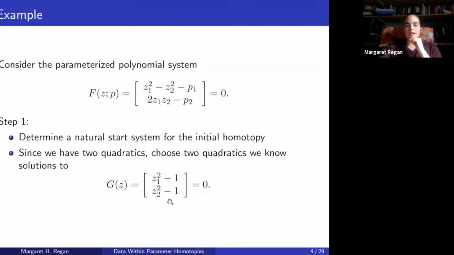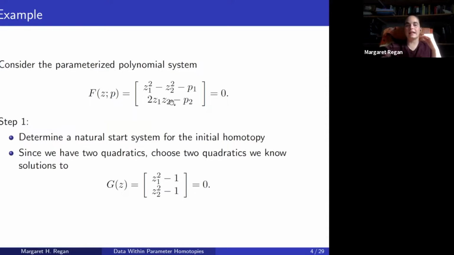So G of Z, and what we do is each polynomial is just the variable raised to the degree of that polynomial in F. So the degree of the first polynomial is 2, so we take Z1 squared minus 1. And we know the solutions here are 1 and -1, right?